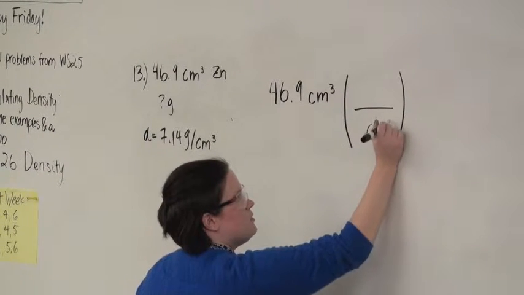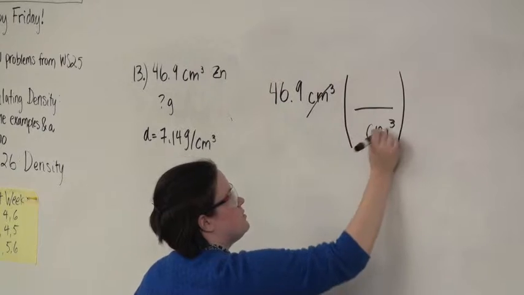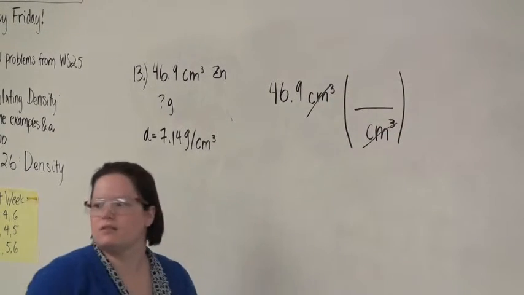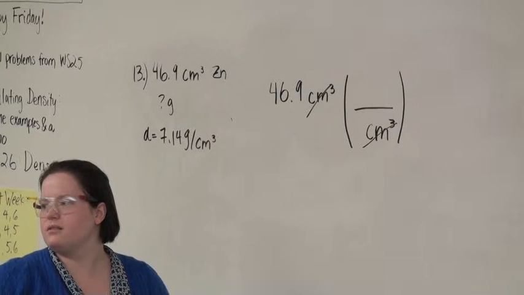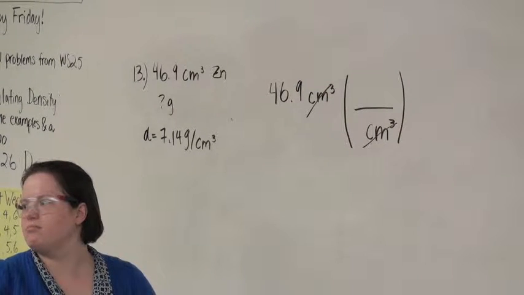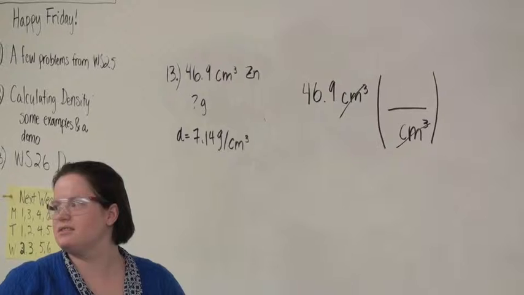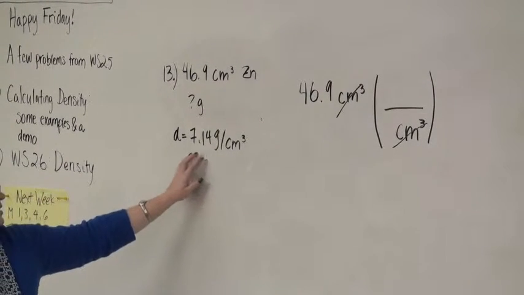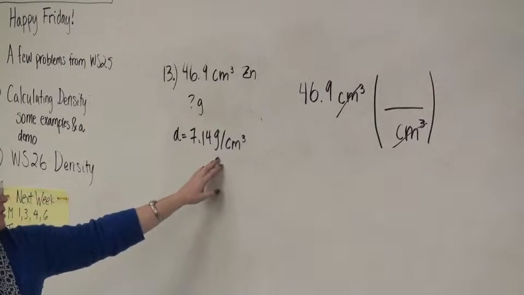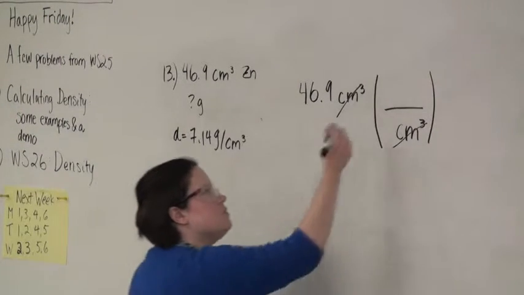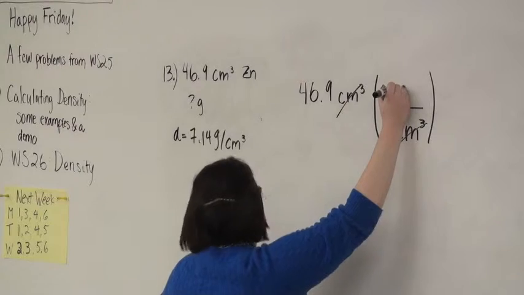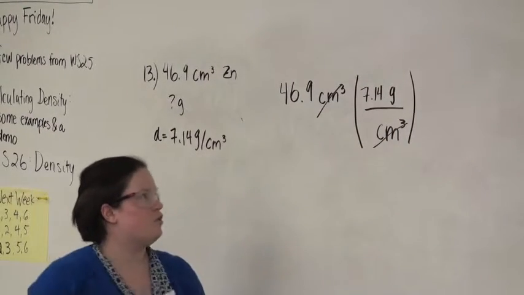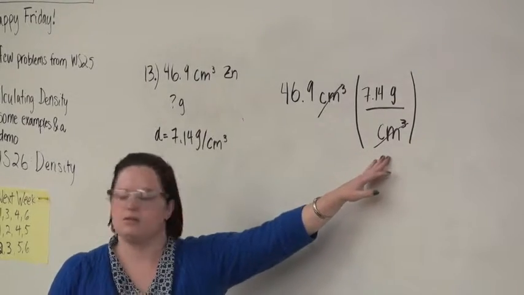Right? Because these would cancel. So then what do you think would go up here? Any ideas? Well, if I look at the problem, this is given to me, the density, 7.14 grams per cubic centimeter. So I can just put that right up here, 7.14 grams over cubic centimeters, right?